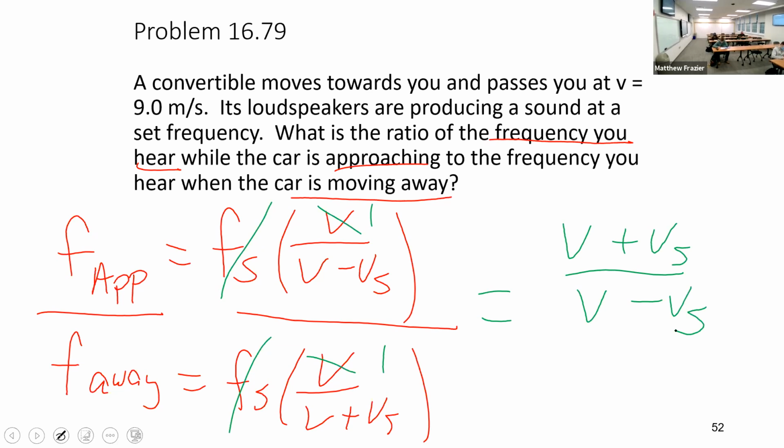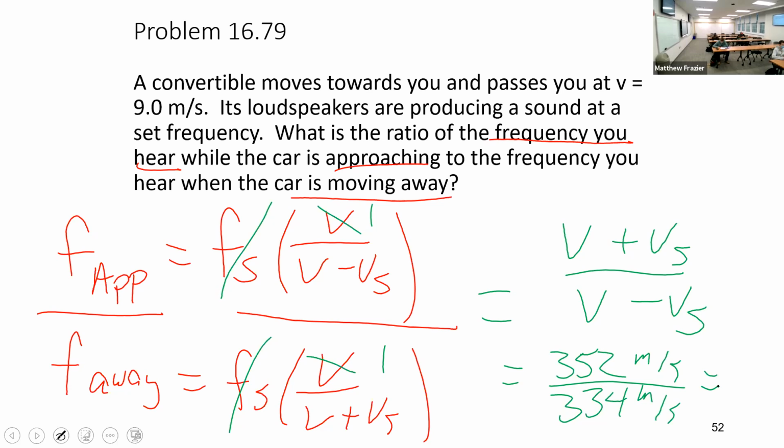And so we look at it: 343 plus 9 is 352 meters per second, and then 343 minus 9 is 334. And then some fraction is slightly greater than 1, which it should be. Approaching should be a bigger number, moving away is smaller.